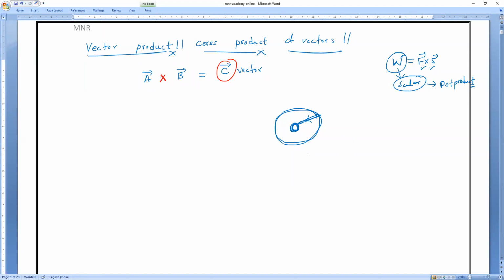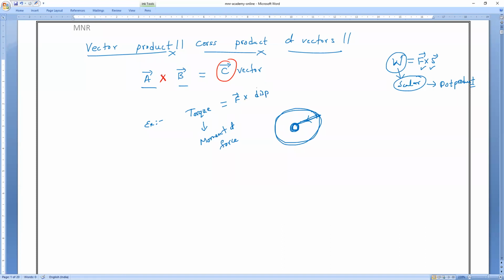Yes, sir. So vector and vector multiplied again give you a vector. For example, if I take torque, of course we will study it in our class 11 and 12. Torque is actually the moment of force. The moment of force formula is force into displacement.